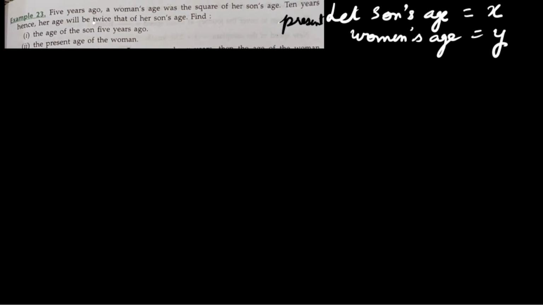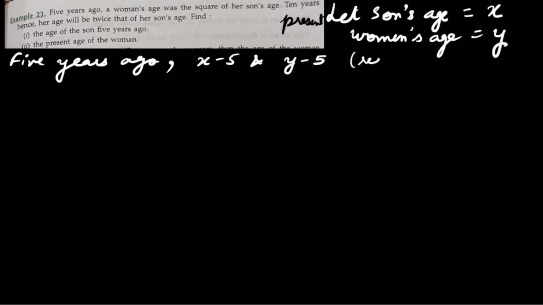5 years ago, what will be their ages actually? Son's age will become x minus 5 and woman's age will become y minus 5, respectively, because 5 years ago means we are talking about the past.